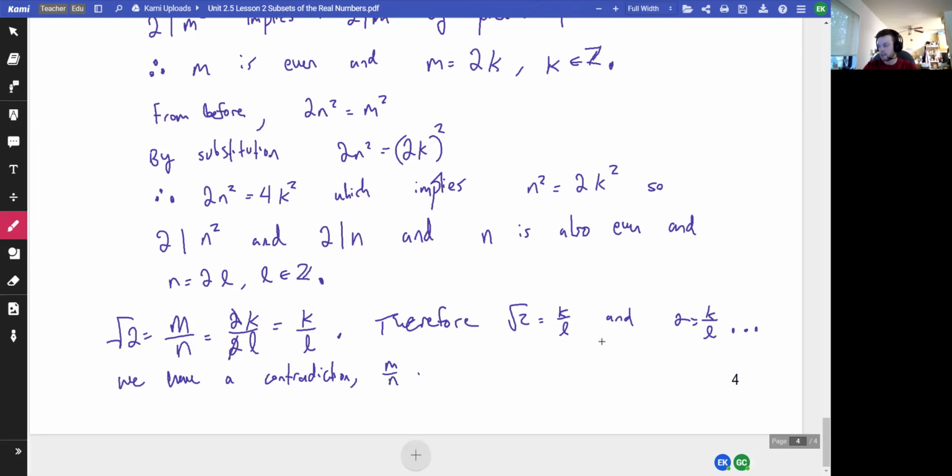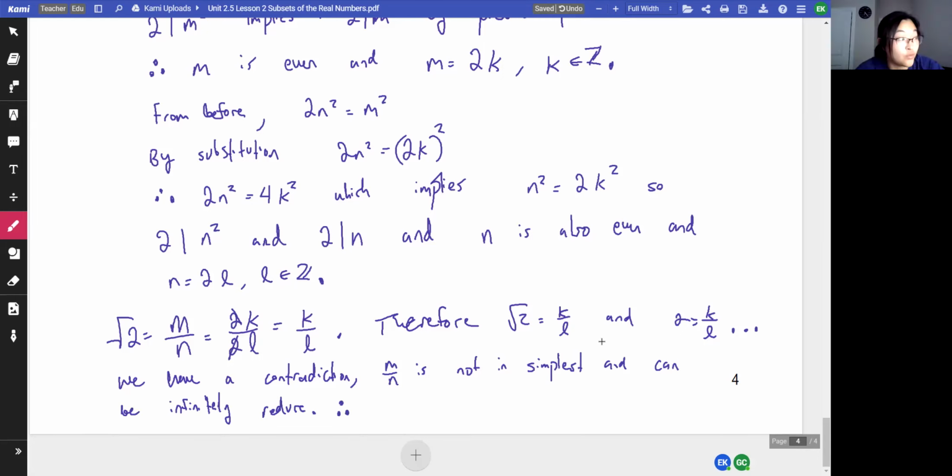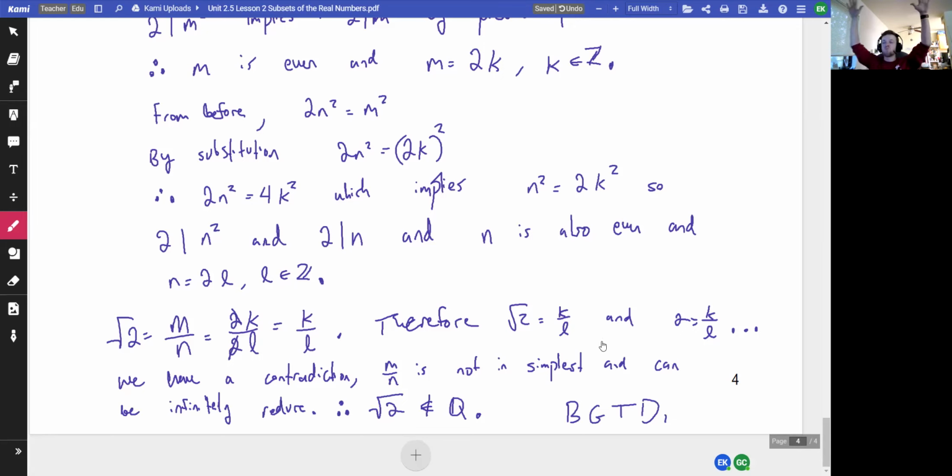M over N is not in simplest form and can be infinitely reduced. Therefore, what's the final sentence here? Root 2 is irrational. Root 2 is not a rational number. Q.E.D. Boom goes the dynamite.